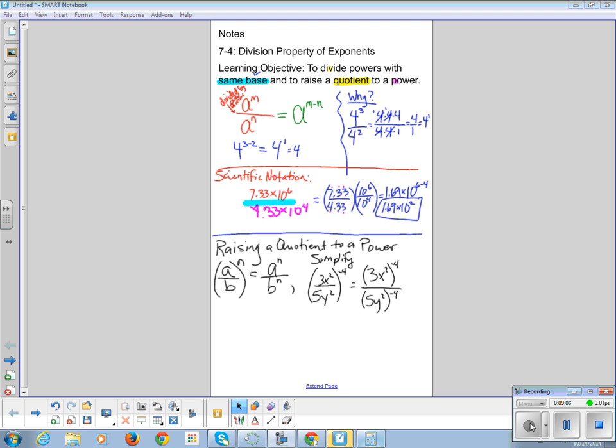So I'm going to use the raising a product to a power rule and give negative 4 to everything on the inside of the parentheses. So when we raise a power to another power, we multiply, so that would be 2 times negative 4, which is negative 8. And then it's the same one here.